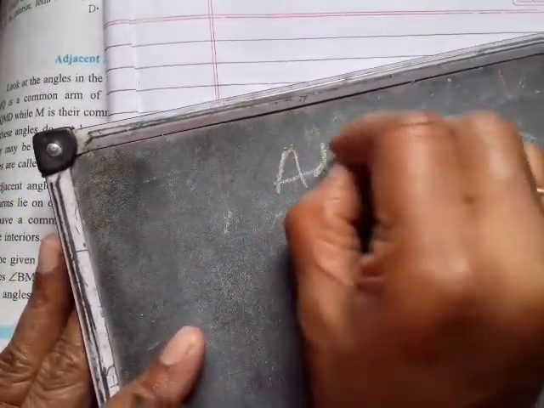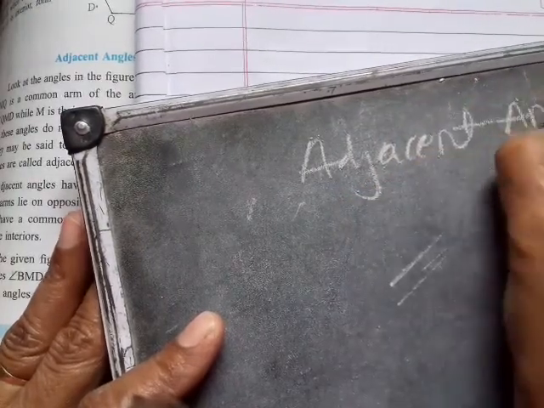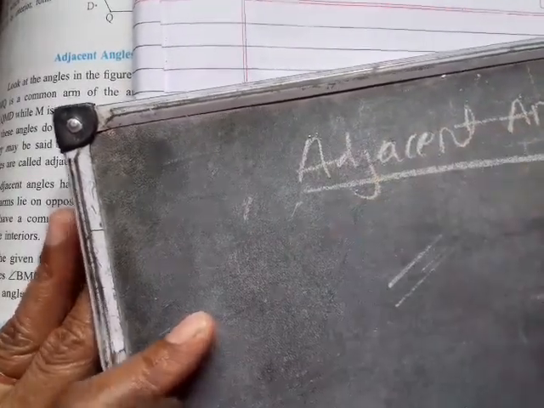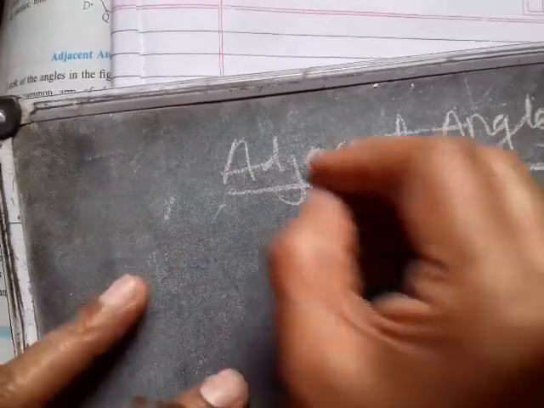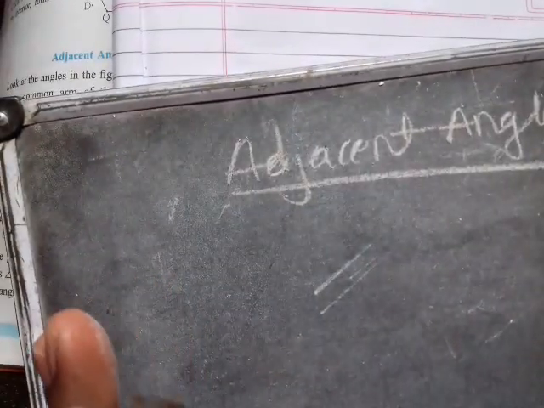Now there is one pair I want to explain. What is meant by adjacent? Adjacent angles. This is our first pair. See, the word is adjacent, meaning aside, but there are some properties.